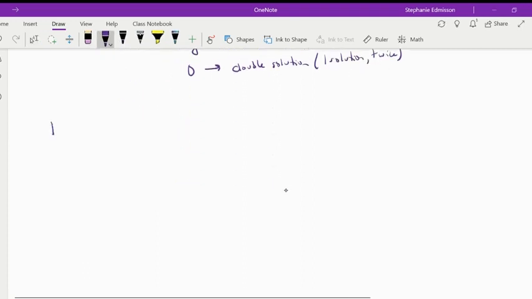So example 1, we have 3x squared minus 8x plus 2 equals 0. Now remember, when we're solving a quadratic, we always want to make it equal to 0. This is equal to 0, so we're good to go ahead and assign our values.